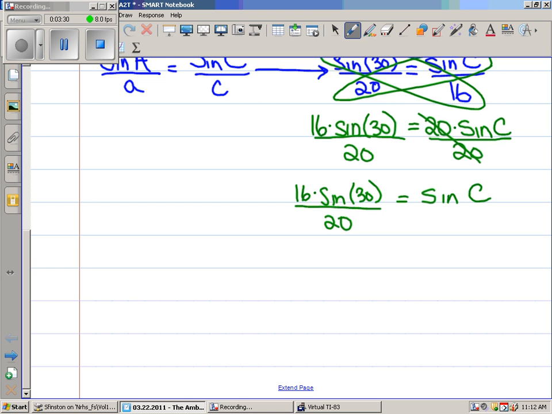We're trying to find out the angle, so what do we have to use? We're going to have to use arc sine, or inverse sine as you want to call it. So sine inverse, you always use the inverse when you're looking for an angle, of 16 times the sine of 30 divided by 20 equals C. How much does C equal?